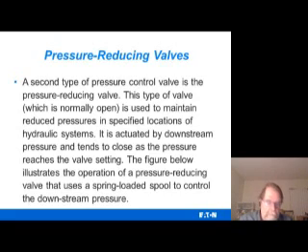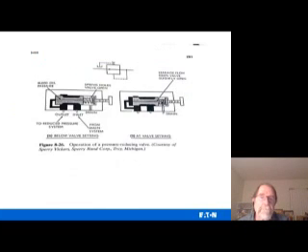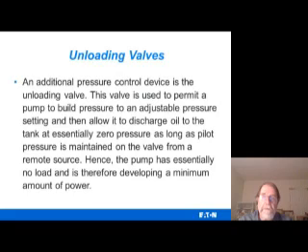The figure below illustrates the operation of a pressure reducing valve that uses a spring-loaded spool to control the downstream pressure. And again, it's got an adjustable spring, and you turn this knob to set it, and this is your symbol for it. Most of them are this kind on the pressure relief valves.